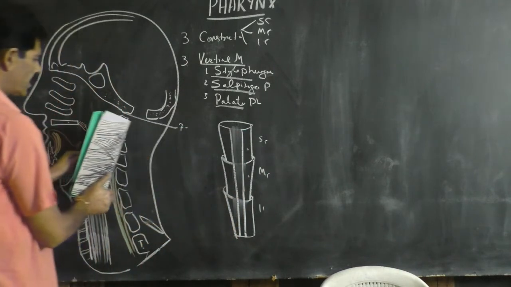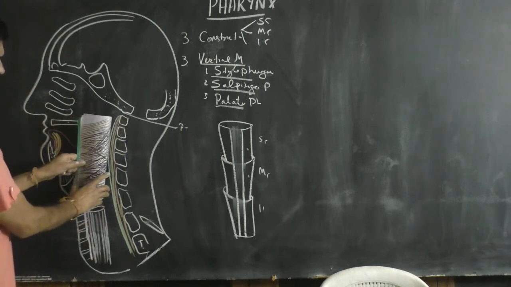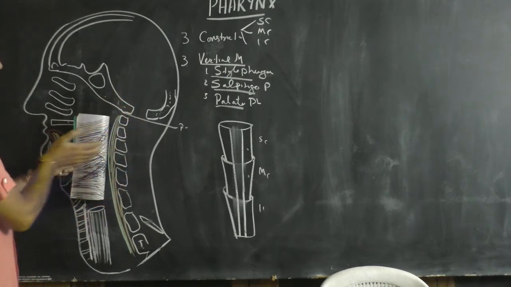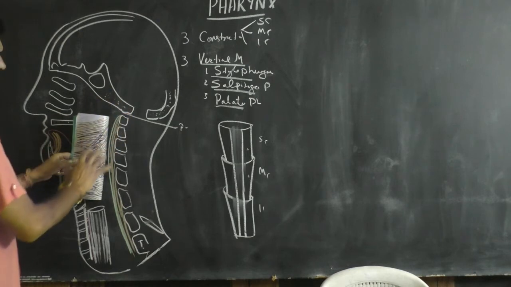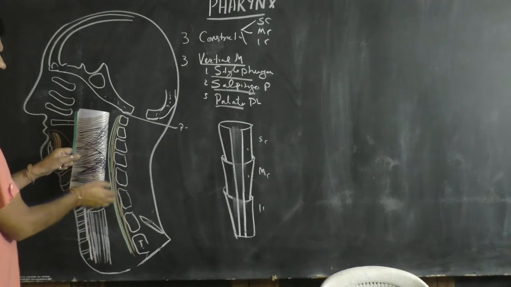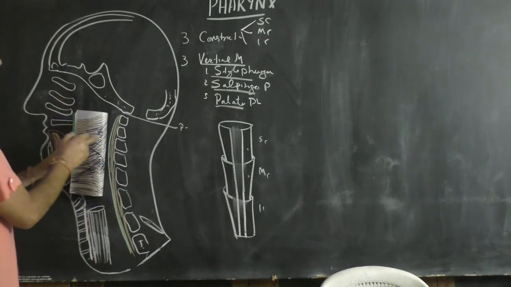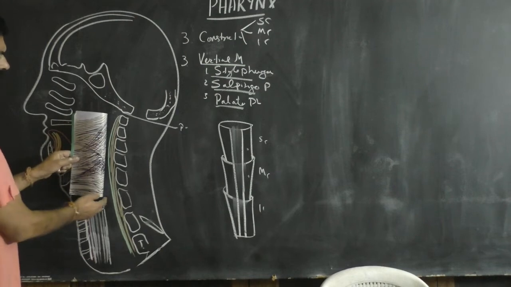So we fit these three muscles from the base of the skull to the esophagus like this. This is how the superior, middle, and inferior constrictor muscles constitute the pharynx: behind the nose is the nasopharynx, behind the oral cavity the oropharynx, and behind the larynx the laryngopharynx.